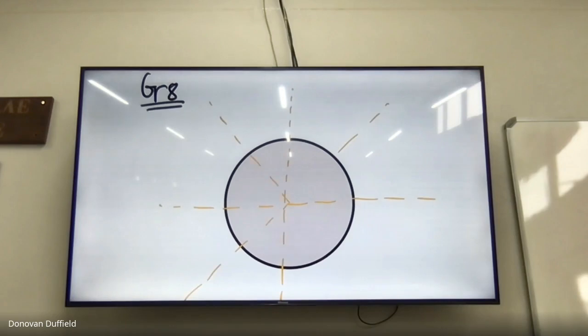And the result of that field is going to be, like with magnetism, where you have field lines along which objects will experience a force.